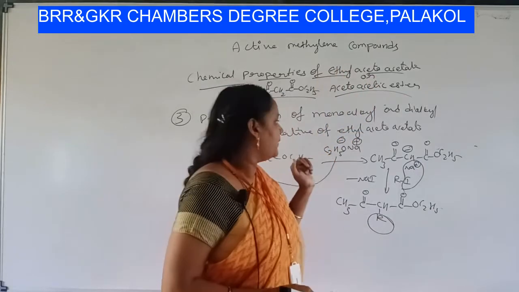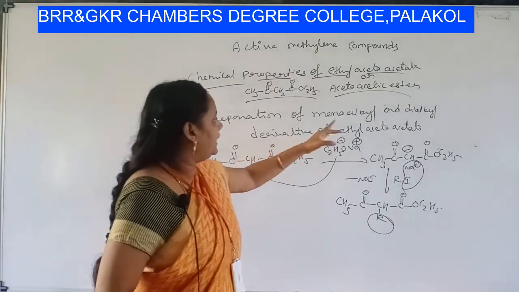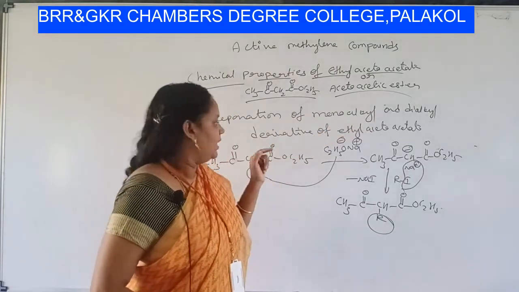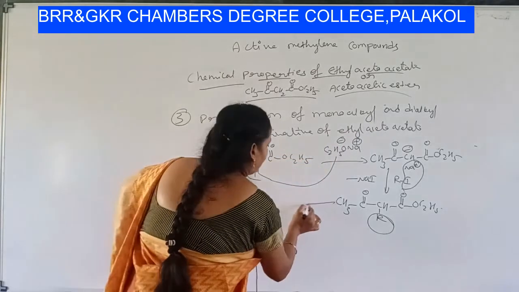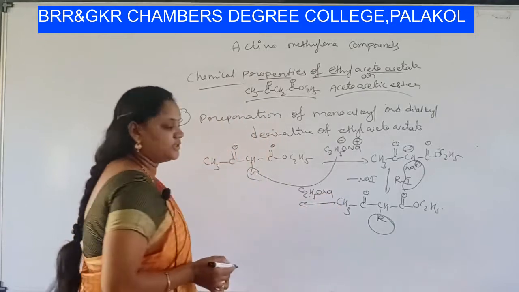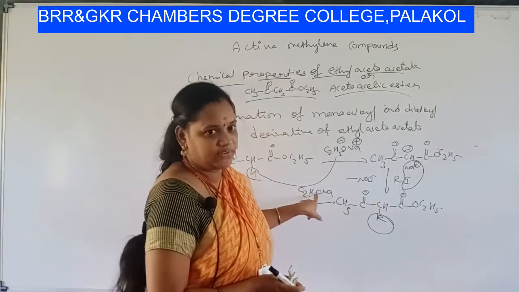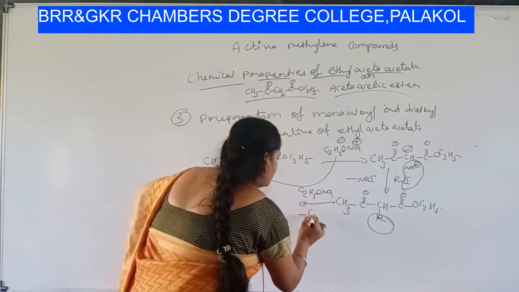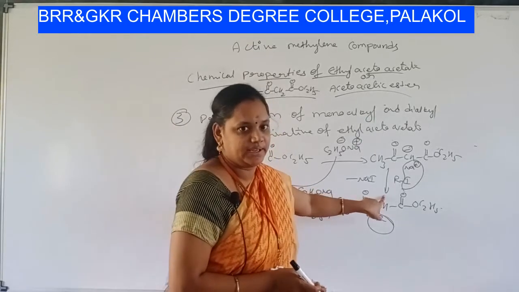Okay, students, if you continue the reaction, you can prepare the dialkyl derivative also. In the first step, what we have to do, students? We have to add C2H5ONa. So what happens? The H will be removed by C2H5O to form C2H5OH, and Na plus will get attached here, right?